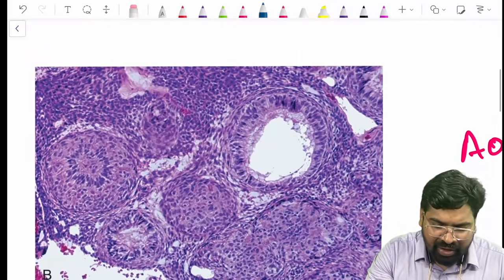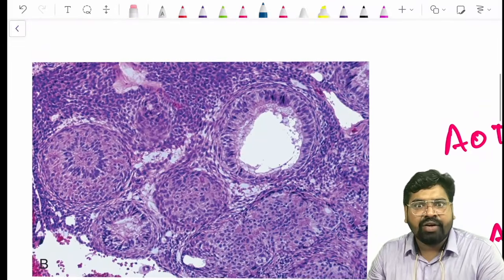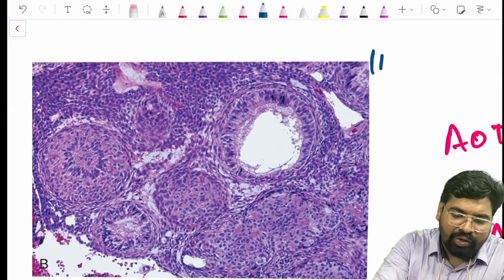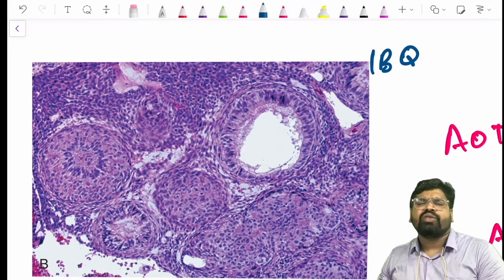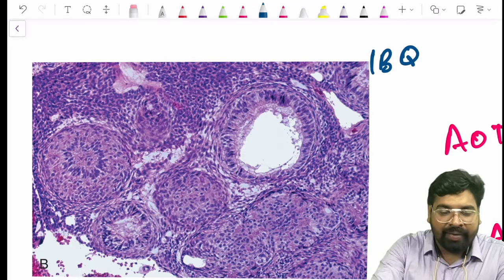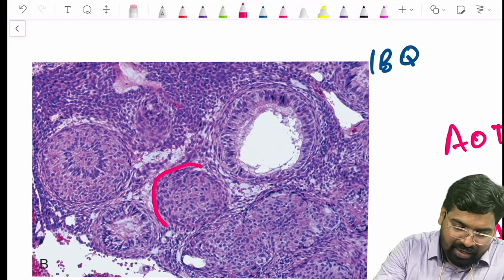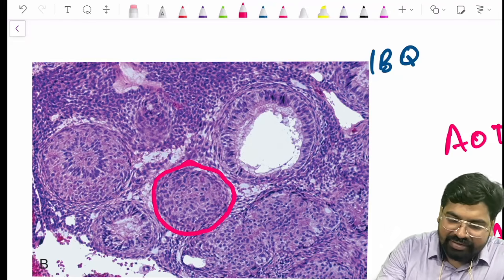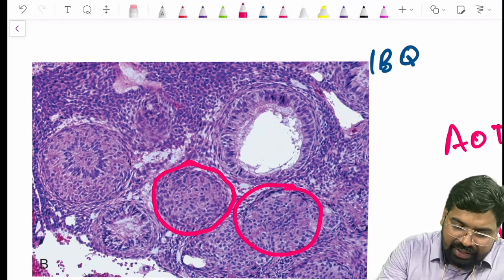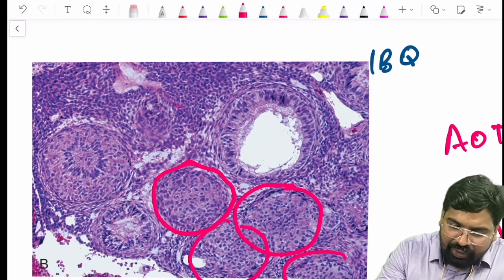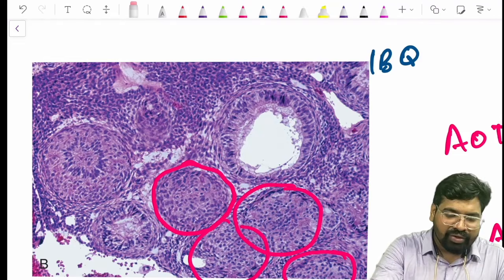Can you see this? This is the histology of AOT. It is a very, very important IBQ, image based question, and it is very easy to identify if you know the theory. Can you see this is one nodule, the second nodule, the third nodule, the fourth nodule, and a fifth nodule here.